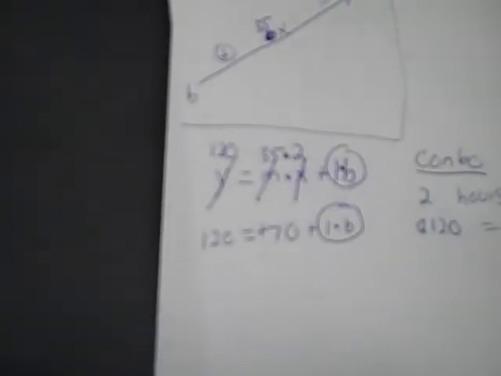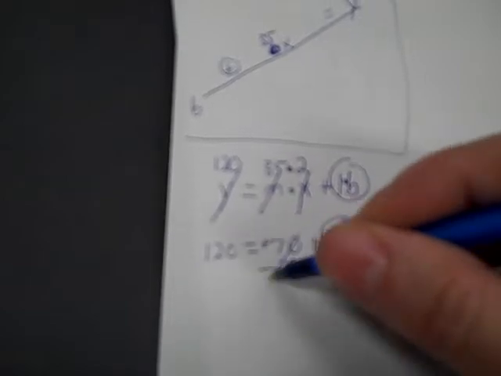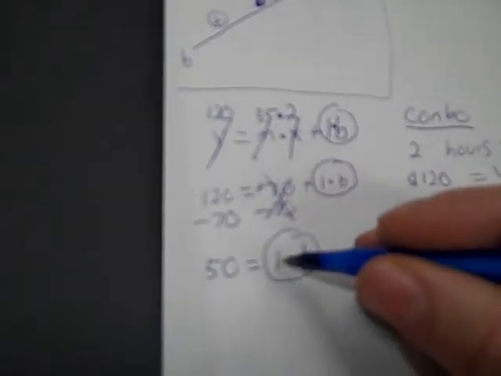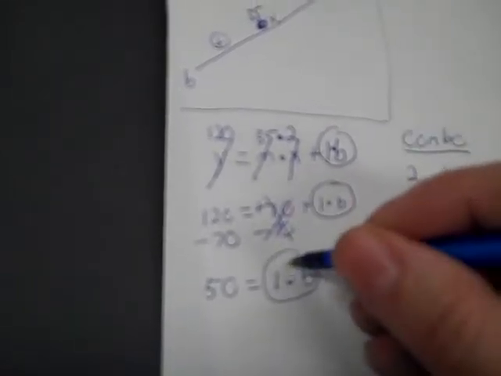It's a positive 70, so you're going to minus it. And 120 minus 70 is 50. So 50 equals 1 dot b. Now, since I have just a 1 here, I don't even need to divide. I just cross the 1 out, and 50 equals b. Okay? And there's my equation. Okay? So I have 50 plus 35x equals y.